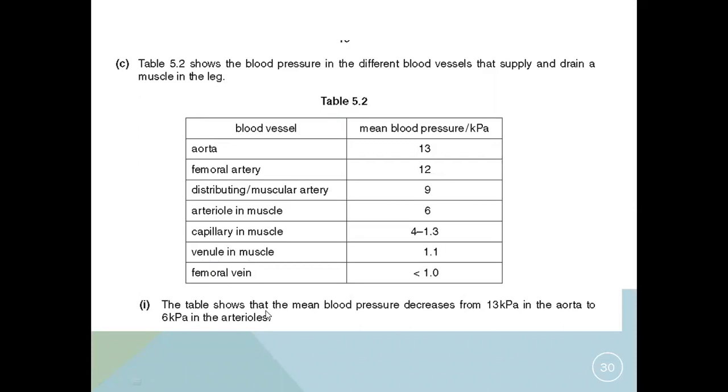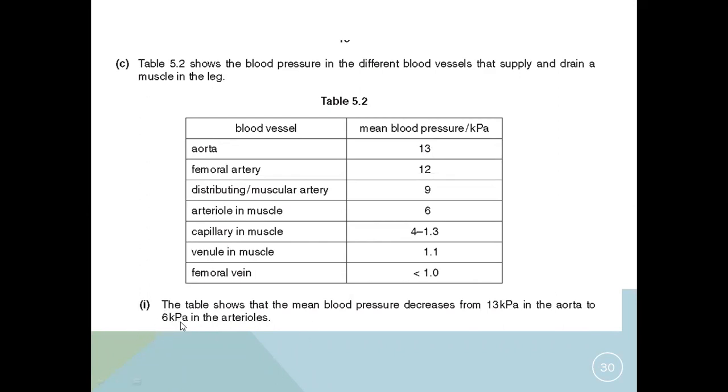The table shows that the mean blood pressure decreased from 13 kilopascals in the aorta to 6 kPa in the arteriole. So in the aorta the pressure is high, but in the arteriole the pressure has decreased.